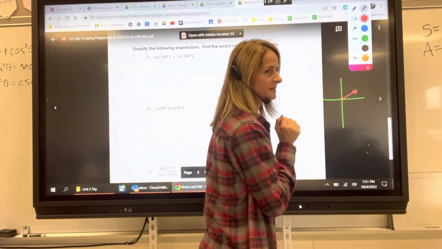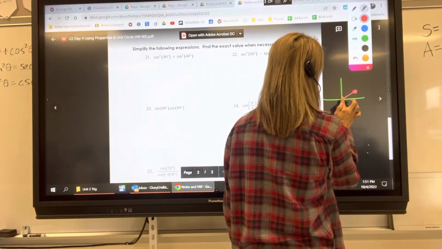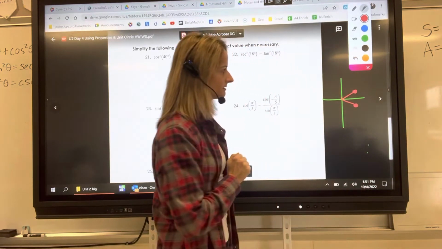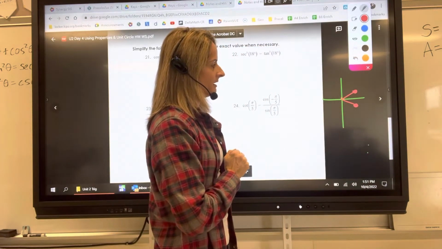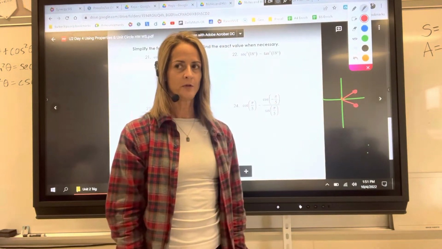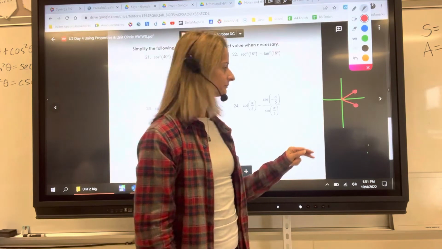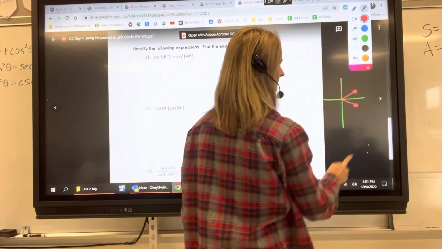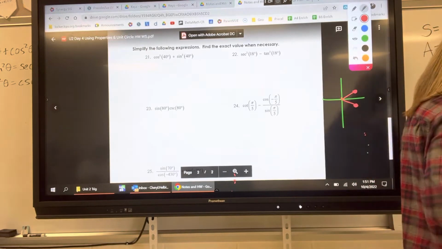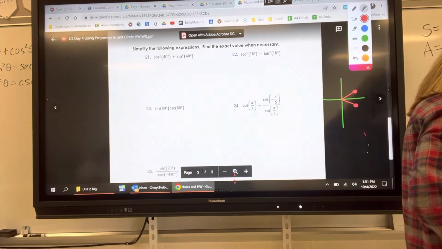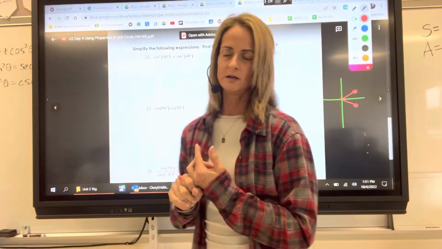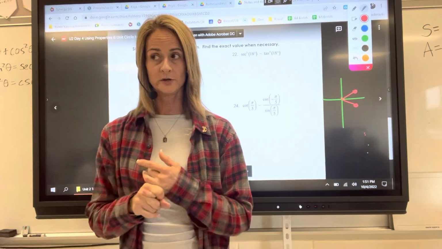If I look at pi over 6 and 11 pi over 6, or you can think of that as negative pi over 6, the x distance is still positive. It's the same for both of those. So the cosine is going to be the only function that's even, as well as its reciprocal.